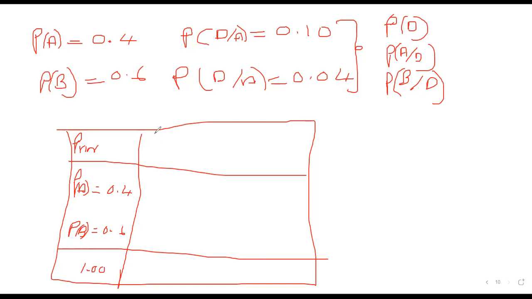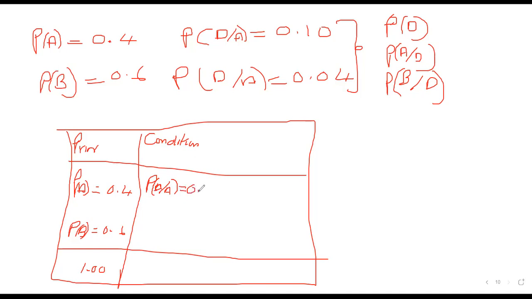Then we go to the conditional probability. Conditional is written with a slash. So this is D coming from A. For it to be conditional, where it's coming from, it must be down on the letter here.